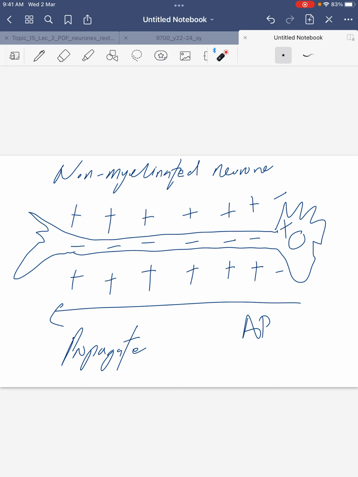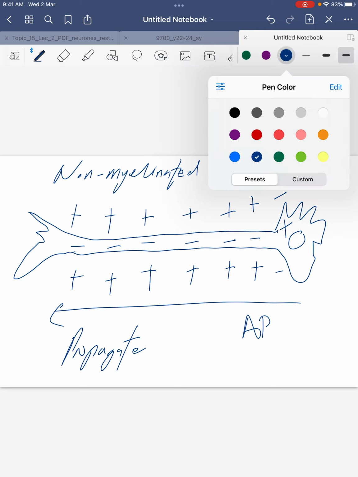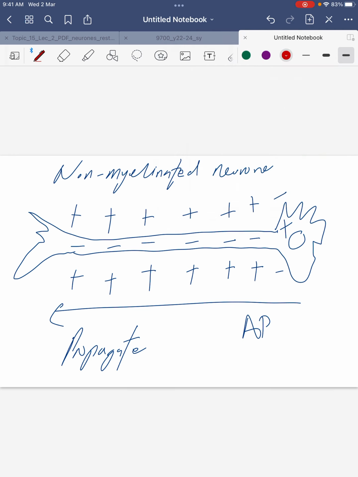The next one would be that this one will become positive, this one becomes negative, this one goes back to negative, this one goes back to positive. Then it will propagate to the next one here.